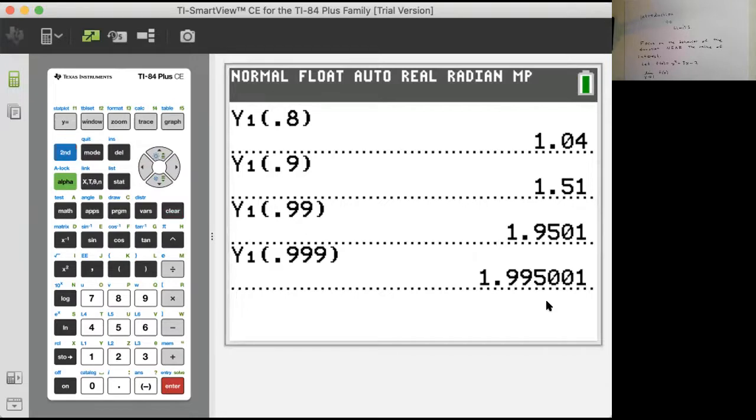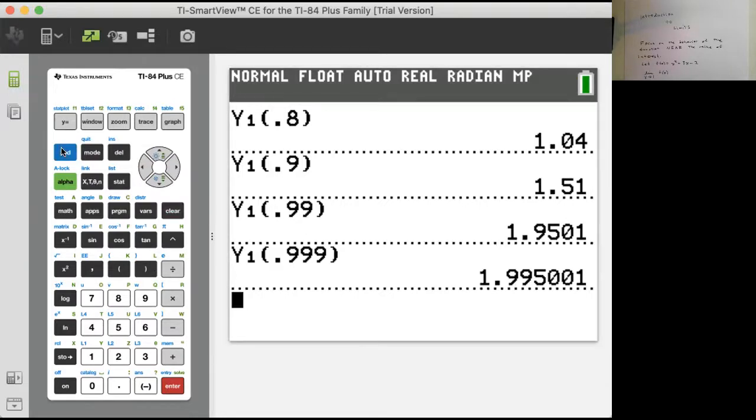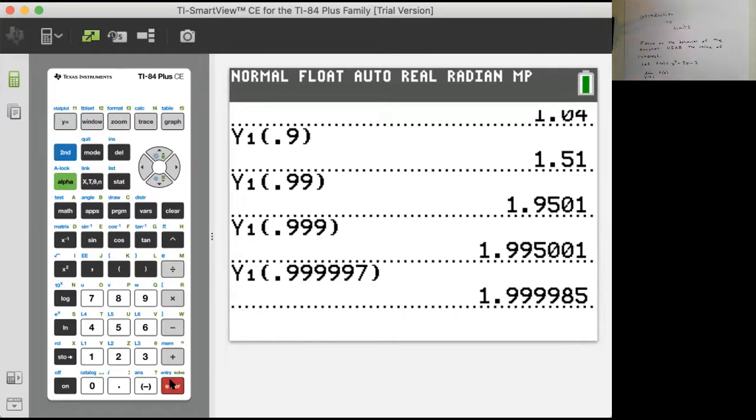Probably going to be 2. And we'll do one more just to see if the pattern holds. Just add a few more 9s and maybe a 7 at the end, just to be a little different. Do we get a number fairly close to 2? We sure do. So by choosing numbers close to 1, we seem to be getting values of the function that are close to 2, which indicates to us that maybe that limit is 2.